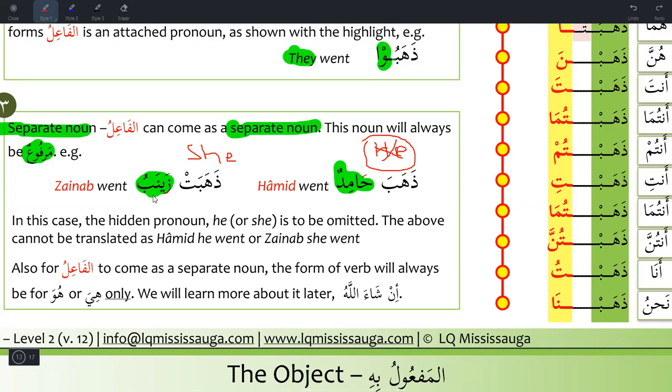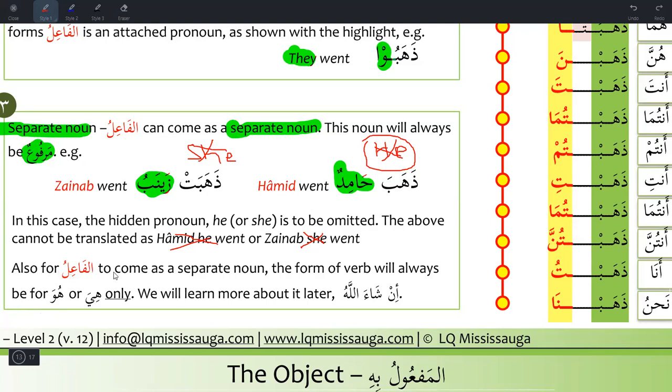We already know that the fa'il is Hamid and the fa'il is Zainab. So we should not translate "Hamid, he went" or "Zainab, she went." This is wrong. The right translation is "Hamid went" or "Zainab went."